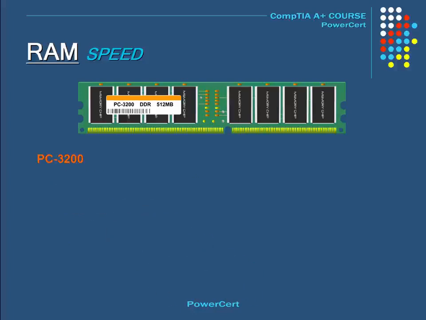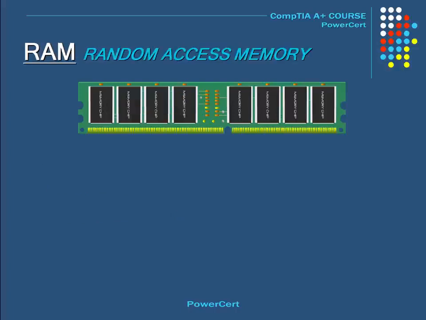Another example is PC3200. PC3200 has a clock speed of 400 MHz. So 400 times 8 equals 3200, which is where we get the name PC3200. A new technology that has succeeded DDR is DDR2.